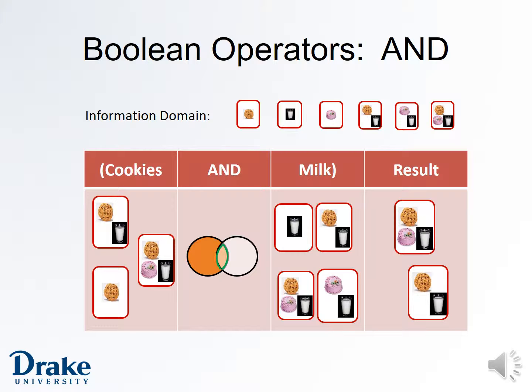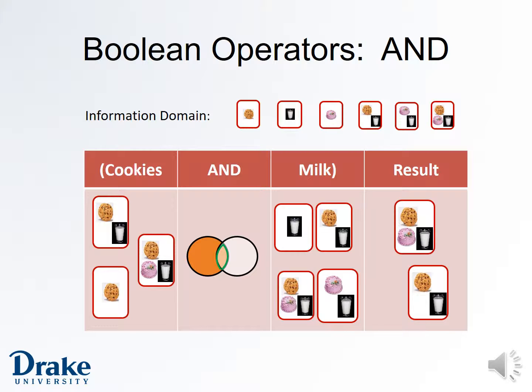What the AND operator does is say that we want only menu items from these two sets which contain both cookies and milk. The result is two menu items, one which has cookies, milk, and cake, and one with cookies and milk. In terms of precision and recall, AND always increases precision and decreases recall.